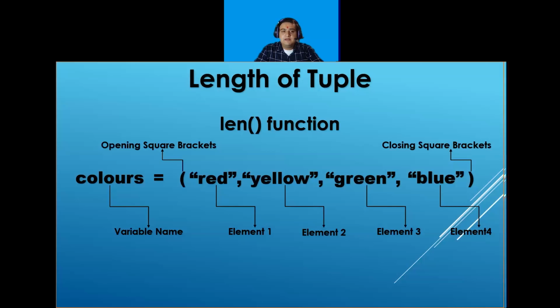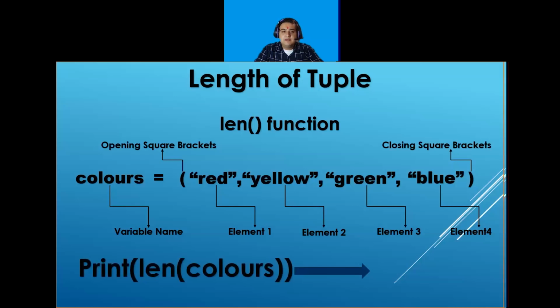If I print, I will call the len function, and inside the len function, I will mention the variable name. It will give me my total output as 4 because there are a total of 4 elements inside my tuple.